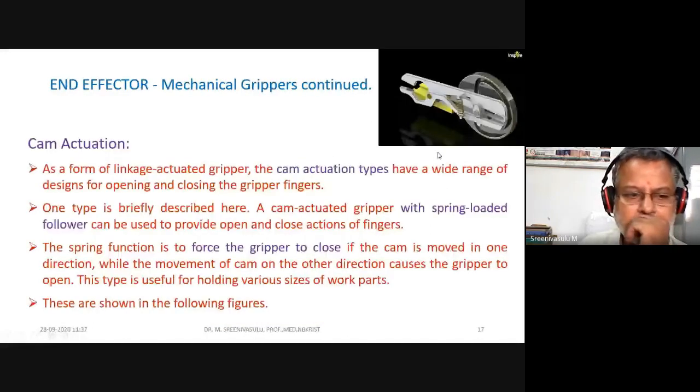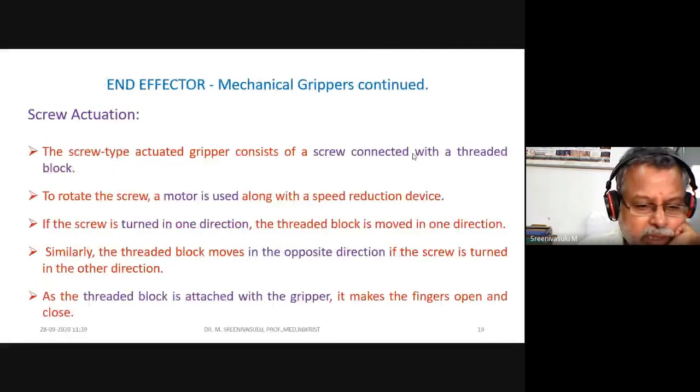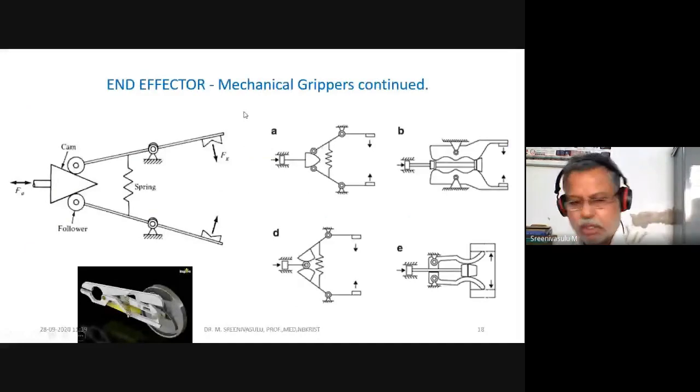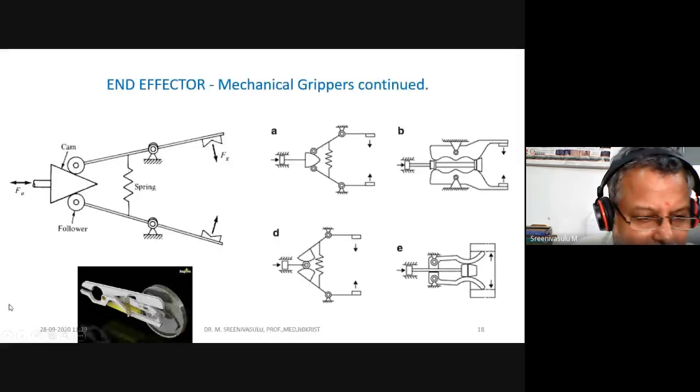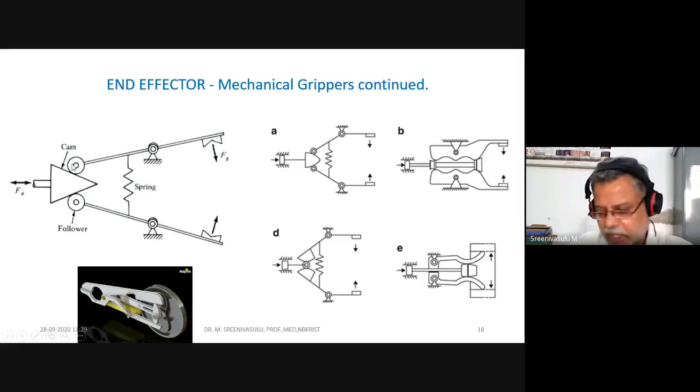I'm sorry. You can see here, this is the cam you are having. Now that model is working. This is the cam here. If I move forward, this cam is going to rotate, and simultaneously the distance between these two is going to increase.